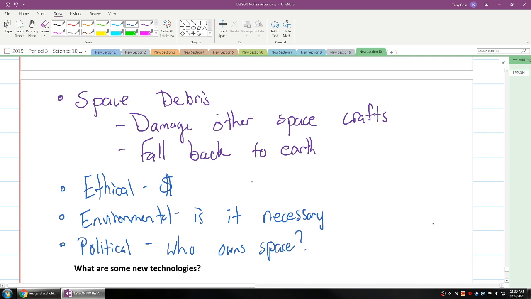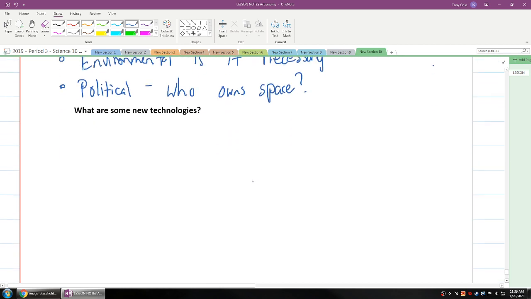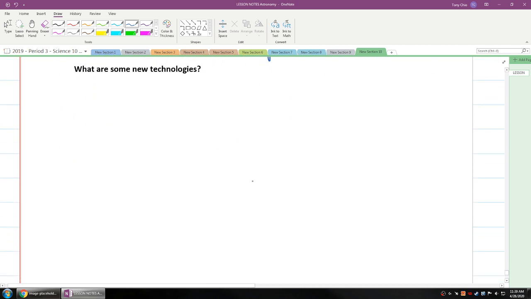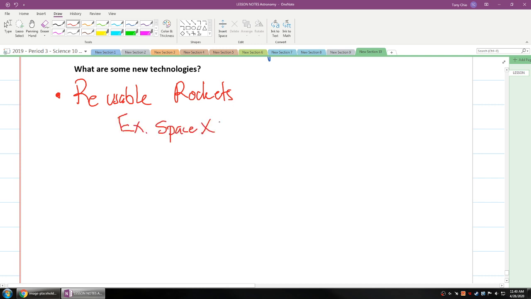Now, even though we have all these issues about space travel, we have some new technologies that have come into play to make space travel easier. The first one is reusable rockets. Now, you might know of, for example, SpaceX. SpaceX is a company run by Elon Musk.